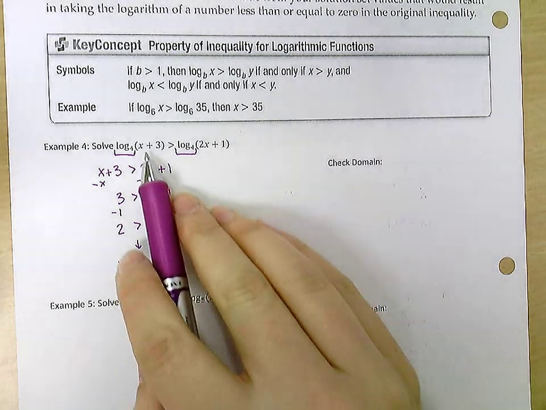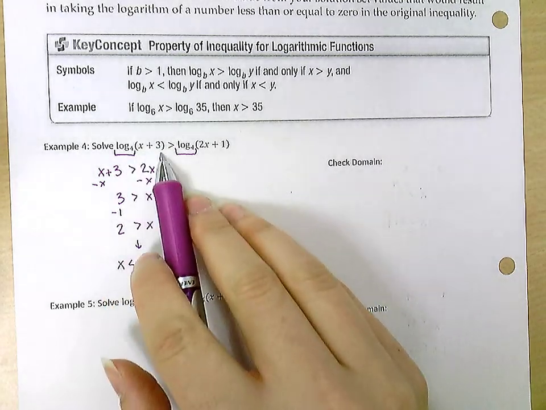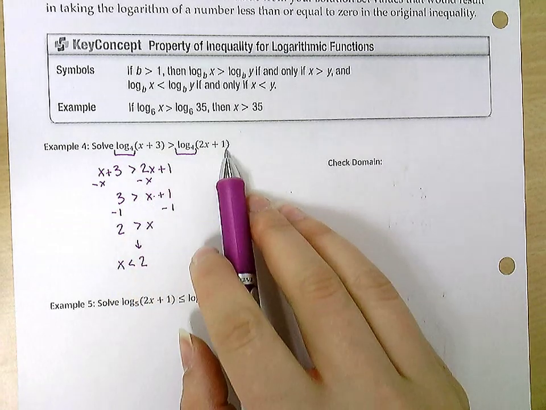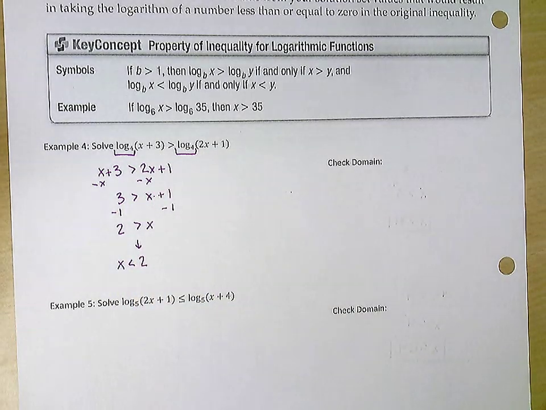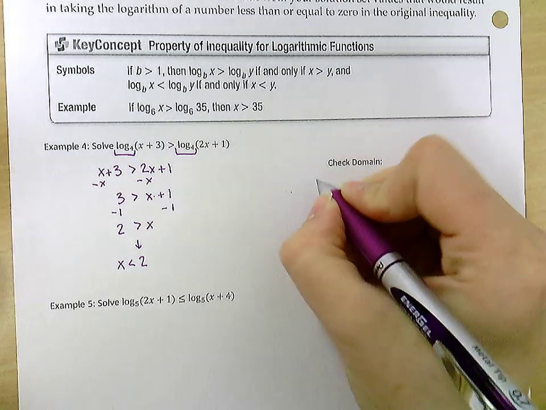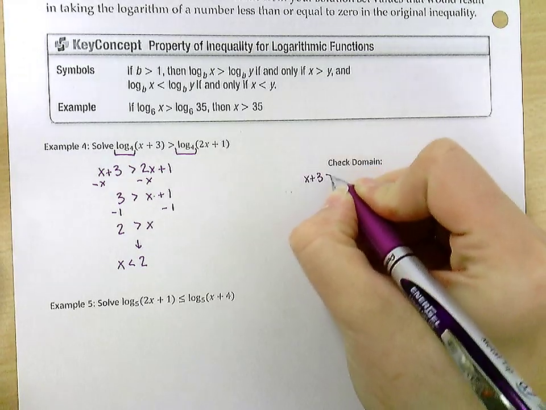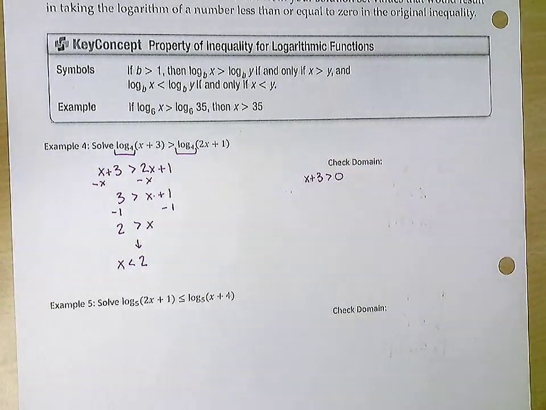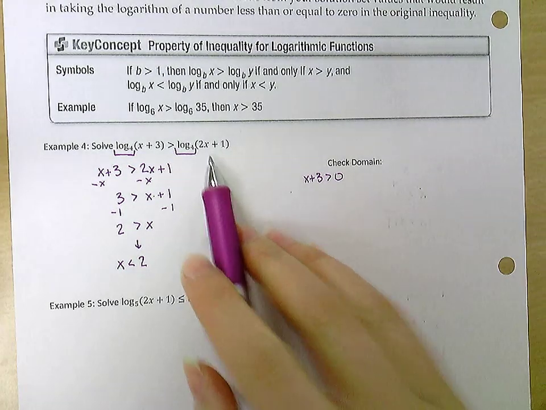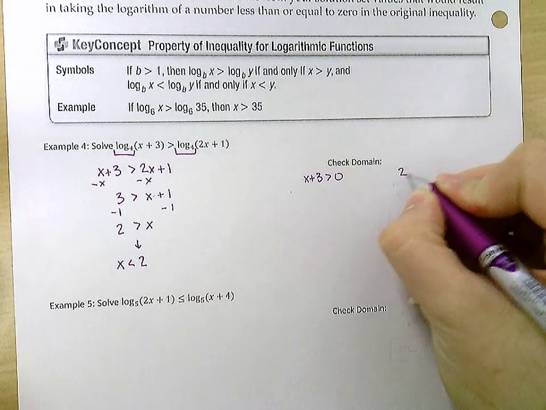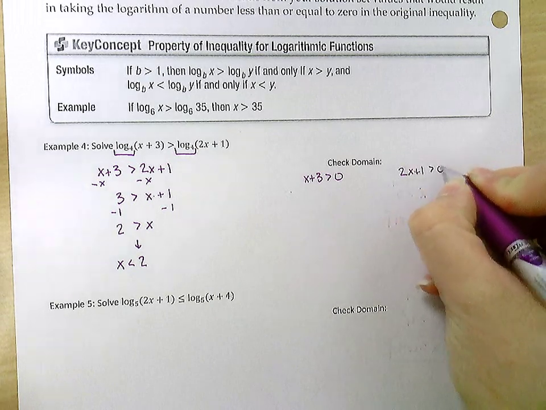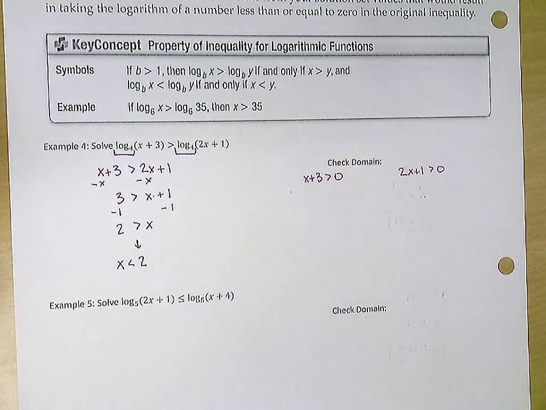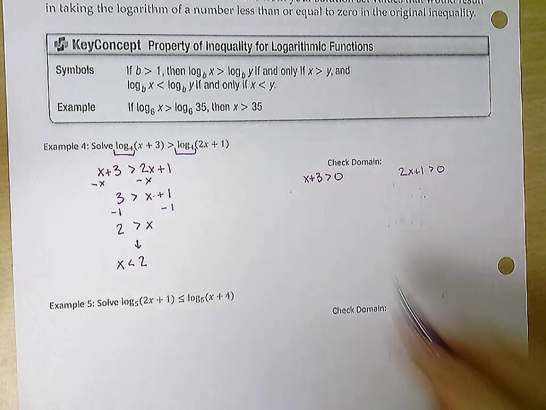So I'm going to take what I have in my parentheses here for both logarithms, and I have to set those greater than 0. So x plus 3 has to be greater than 0, because it cannot be negative or 0, and so does 2x plus 1. Both of those values in parentheses have to be greater than 0.